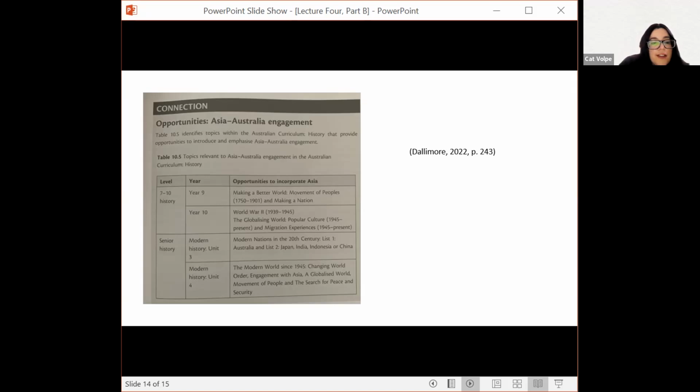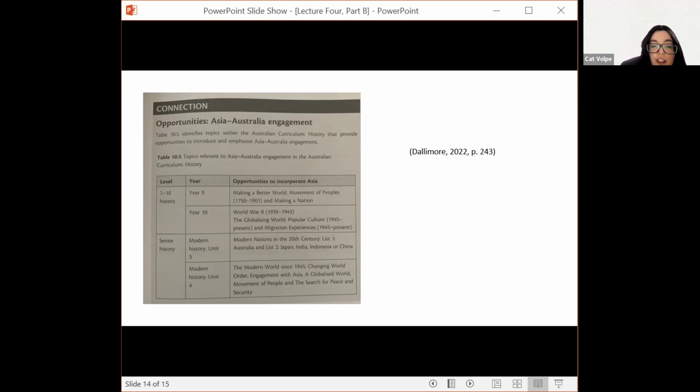What's interesting is that some of these ideas here that are in the table are options. So popular culture, that may be an opportunity to incorporate Asia into the curriculum. However, not all schools actually have to study that. So that's another thing too.